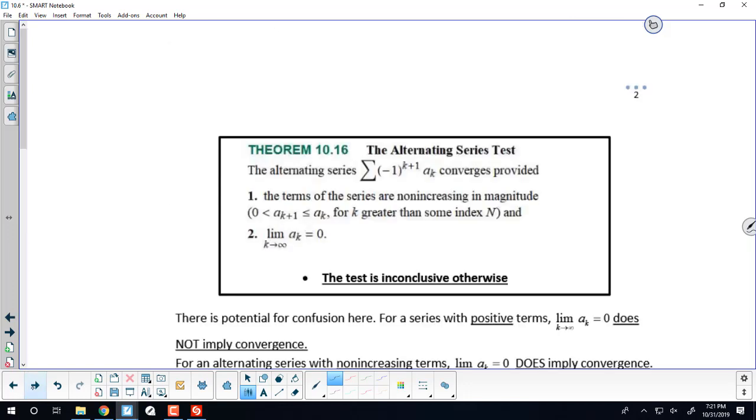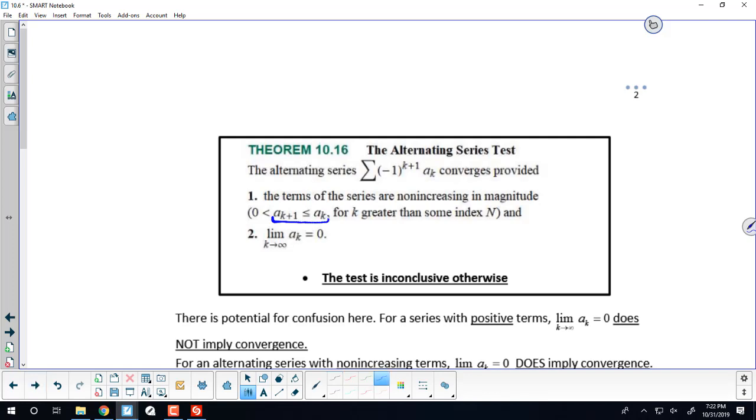So the alternating series test says we've got this alternating series, the sum of -1 to the k plus 1 times a sub k, converges providing two conditions. One, the terms of the series are non-increasing in magnitude, which means a sub k plus 1 is less than or equal to a sub k.